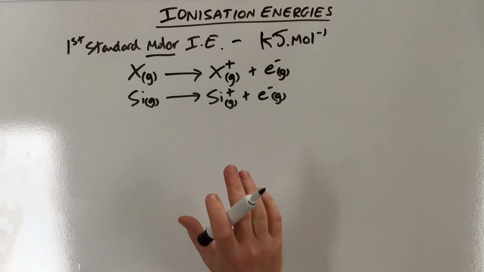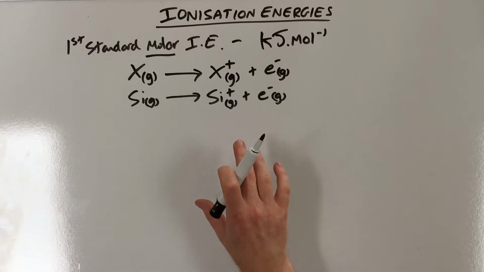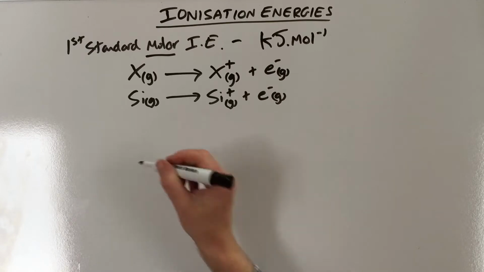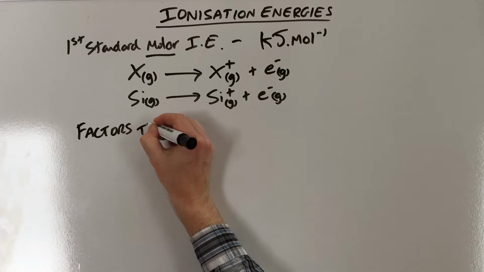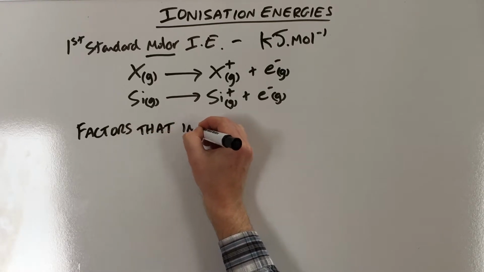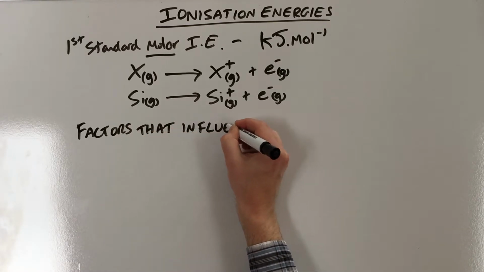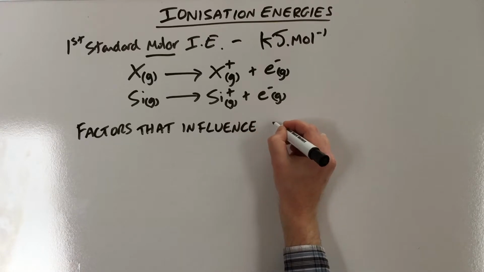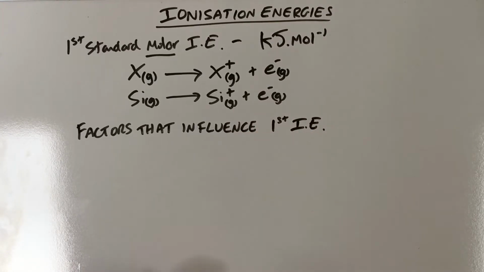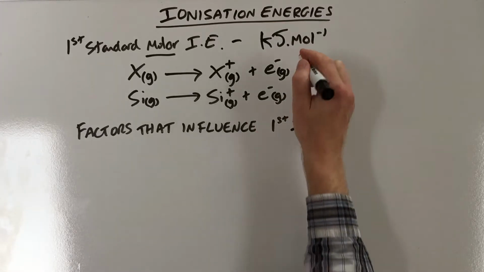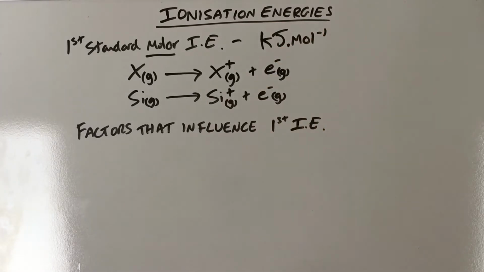There are 4 really important factors that influence first ionization energy, or all ionization energies really. These factors dictate how easy or how difficult it is to remove this electron, and hence how much energy it requires.